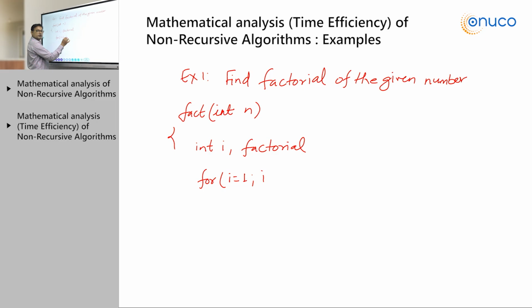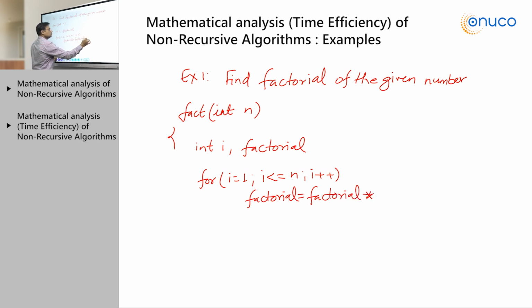Factorial of 0 is also 1. So we are going to write I is equal to 1, I less than equal to n, I plus plus, and inside we are going to write factorial is equal to factorial into I. So this statement will repeat again and again, right?